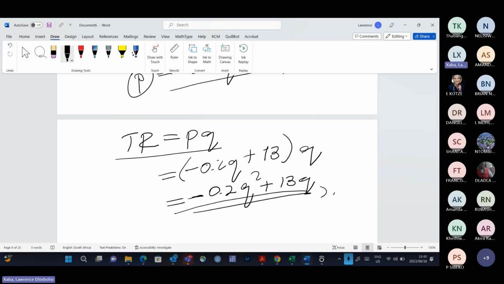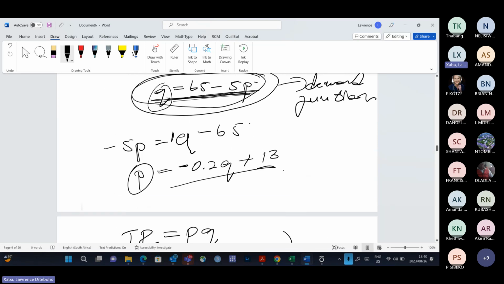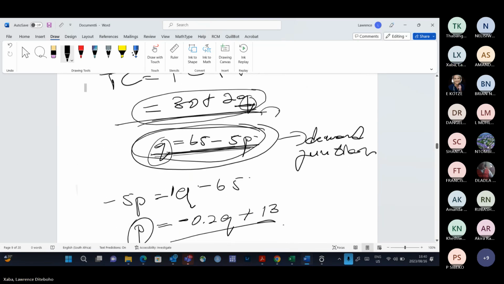So we have two equations now: the equation for total revenue and the equation for total cost.